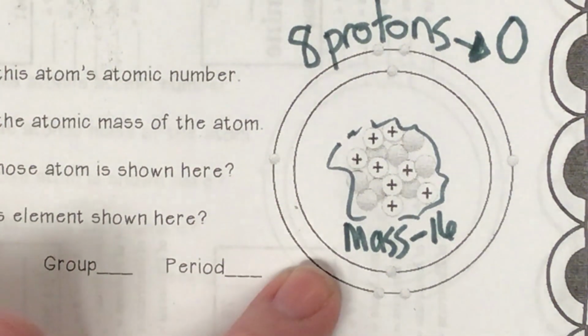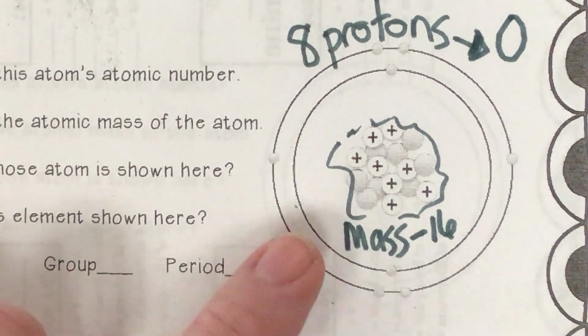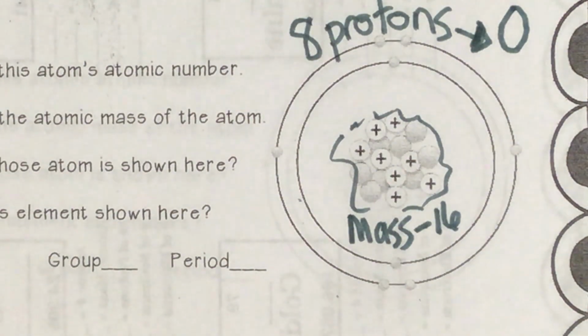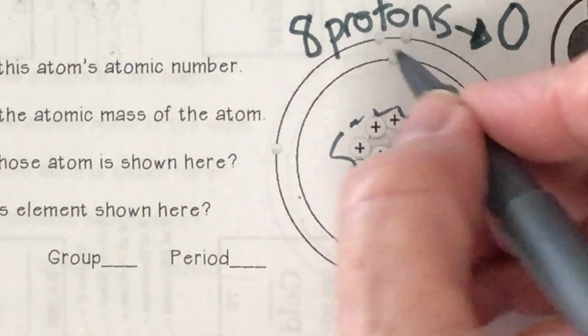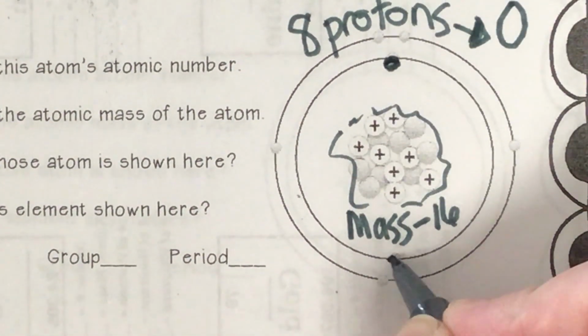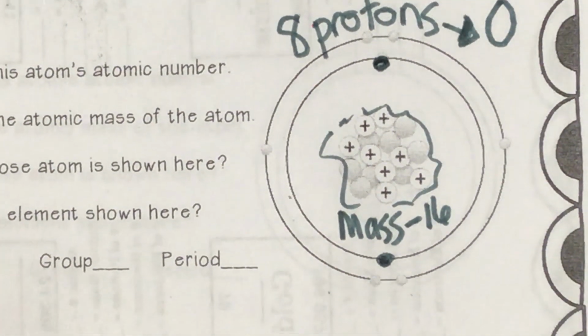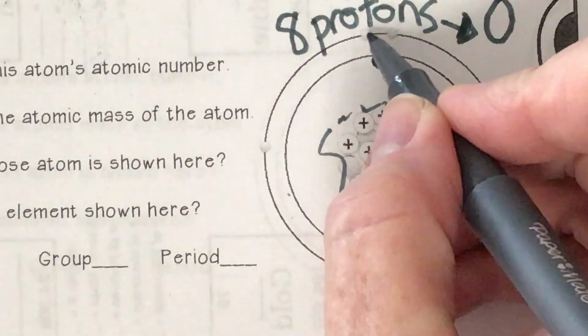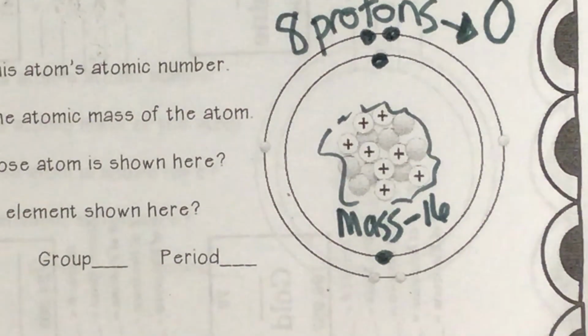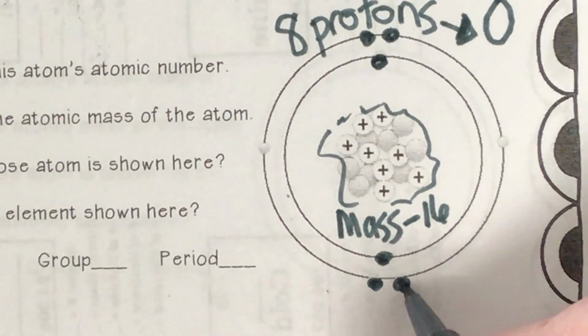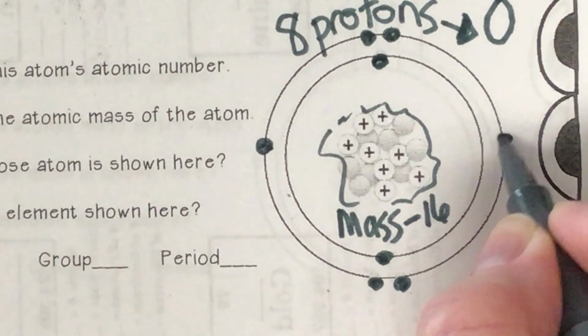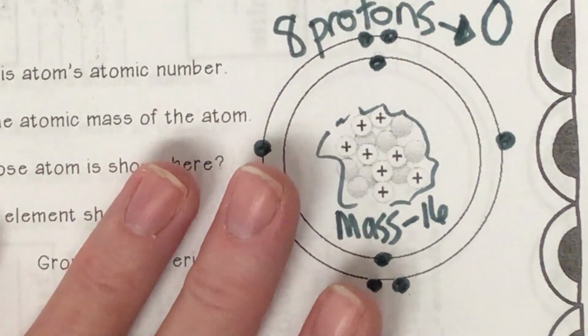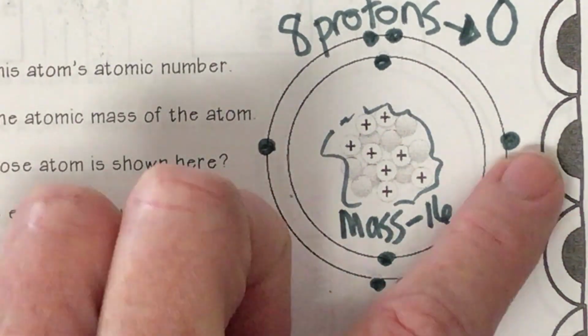Next up, we have 8 protons. We need how many electrons? 8. So we've got 2, we need 6 more. 1, 2, 3, 4, 5, 6. So a total of 8.